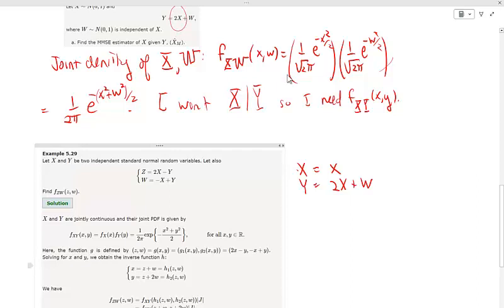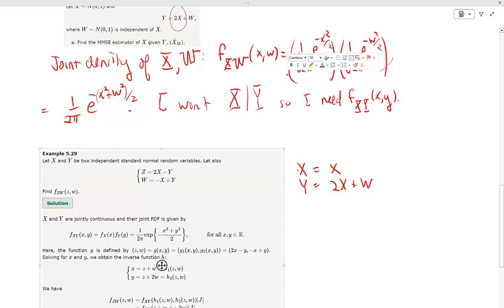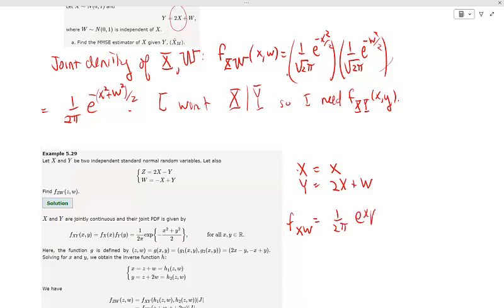And then what do we want to do? So we have the joint distribution. So here we have the same thing. Here we have f of xw is equal to 1 over 2 pi, just the same thing we have now, exp of minus x squared plus w squared over 2.